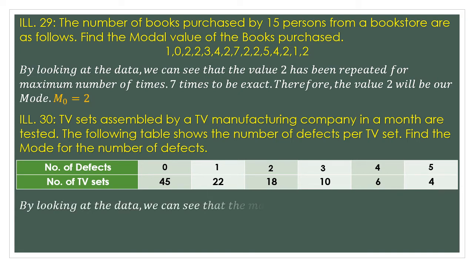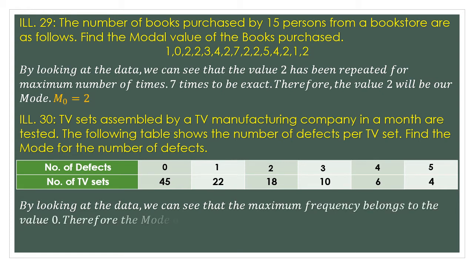So by looking at the data, we can see that the maximum frequency belongs to the value 0, and therefore the mode of the data will be 0. That is, in notations, M0 is equal to 0. Simple as that. So the raw data and the discrete data are too simple in this kind of sums.